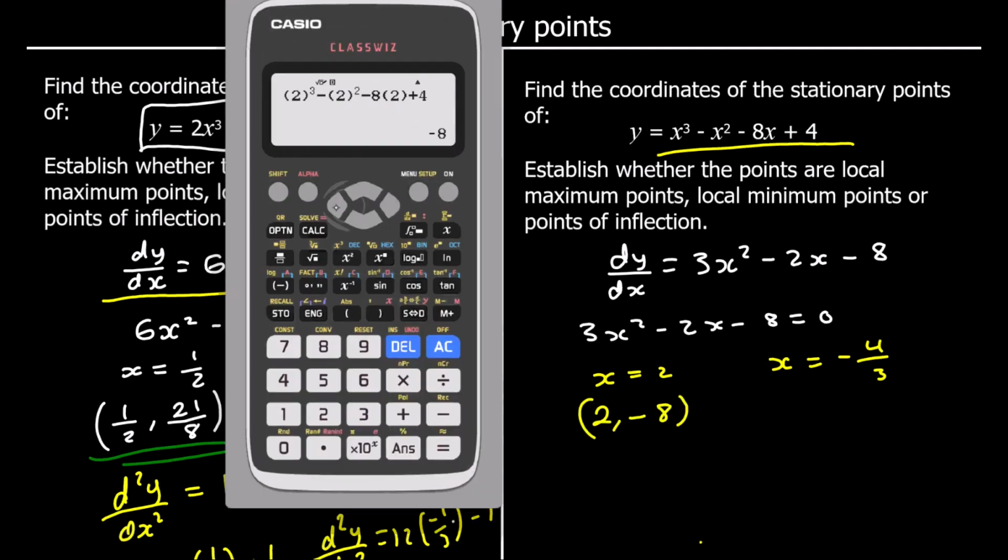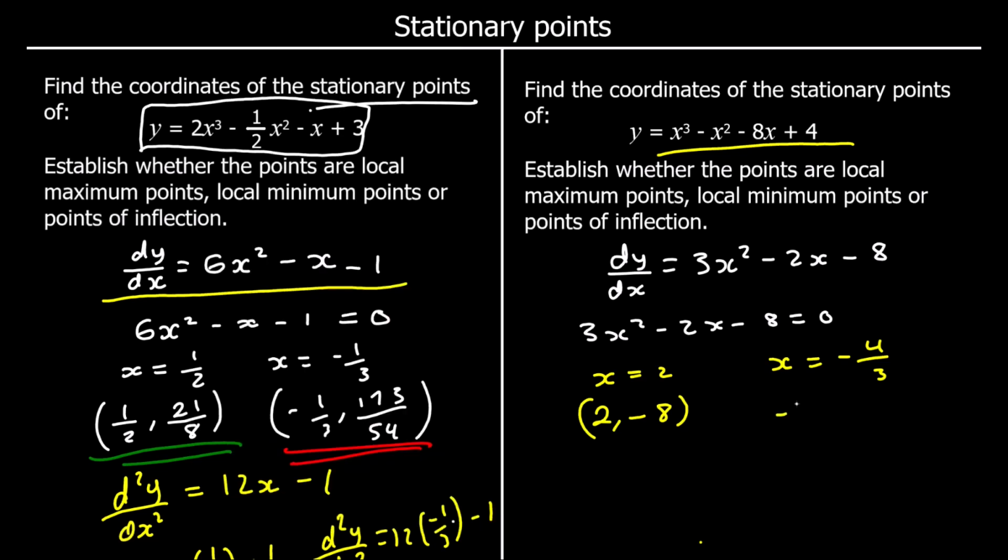And for minus 4 over 3, we have 284 over 27. So they are the coordinates of the stationary points.